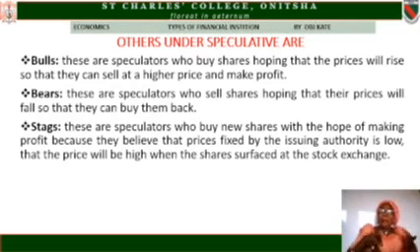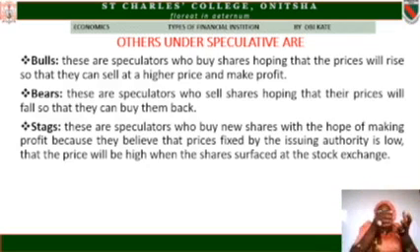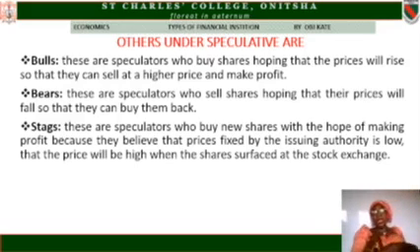So at that moment, when they feel that the price of the shares has increased, they will just sell, hoping that the price of these shares will fall in future. When they fall, they will then buy them back and keep, hoping to sell again when they increase. Then we have the stags.